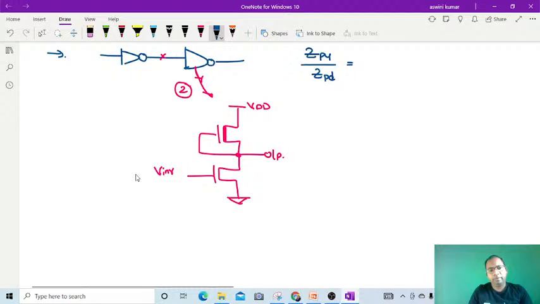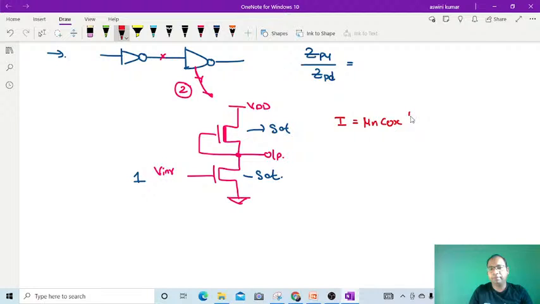Both the two MOSFETs are in saturation state means, whenever the enhancement N MOSFET is in the saturation state, generally what is the current expression we are writing? I is equal to mu n COX W by L, VGS minus VT into VDS minus VDS square by 2.